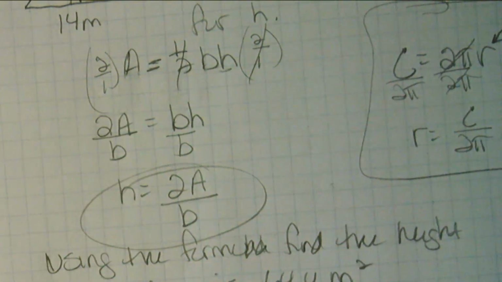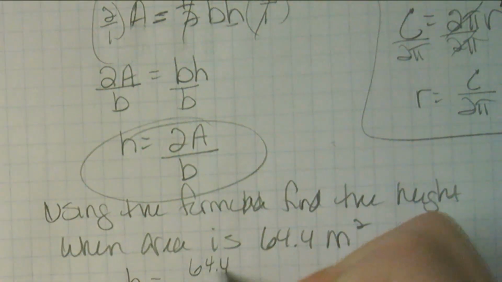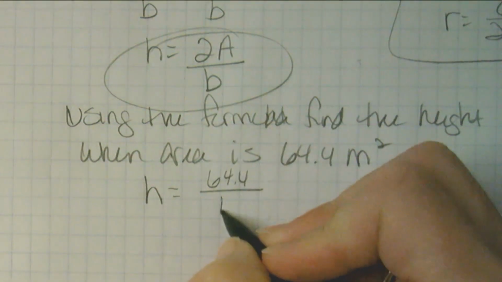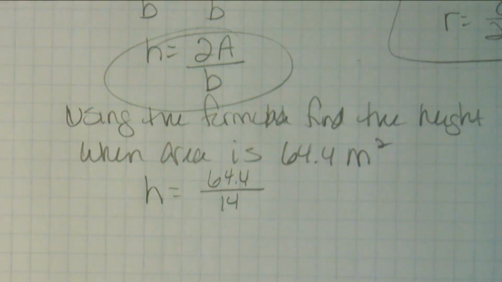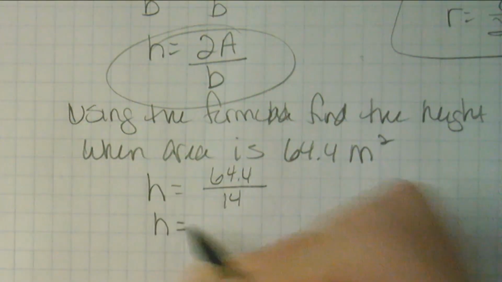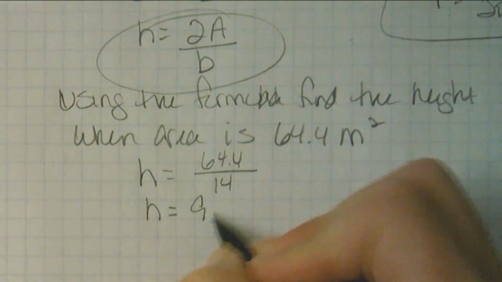So I'm just going to substitute what I know in. I know now that my area is 64.4. Well, they told us that the base is 14. When I do that, what do I get for my height, Giselle? 9.2 meters. Yep, 9.2 meters.